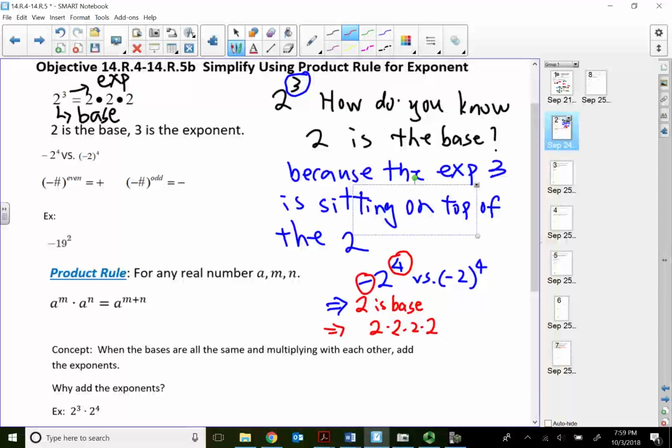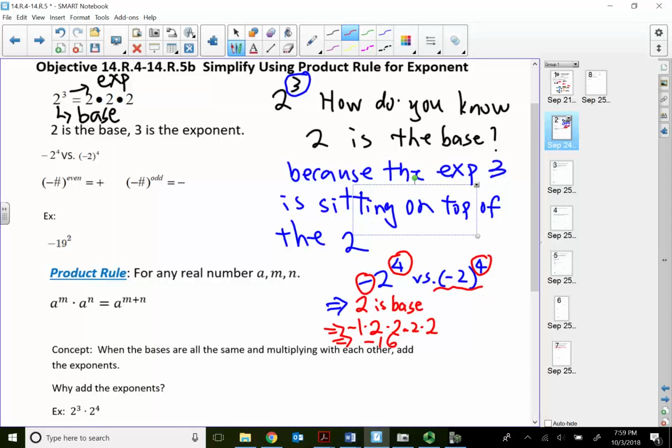So what do I do with this negative? This negative up front actually means negative 1 times. So negative 2 to the 4th actually means negative 1 times 2 times itself 4 times. Therefore, my answer is negative 16. Compared to the other side, this exponent 4 is sitting on top of the entire negative 2.